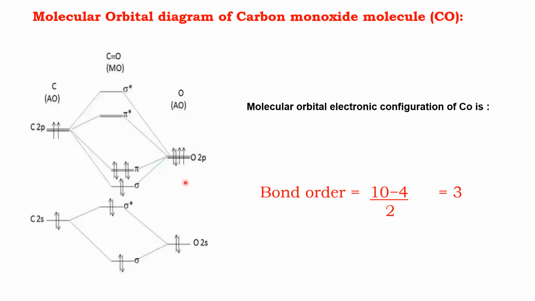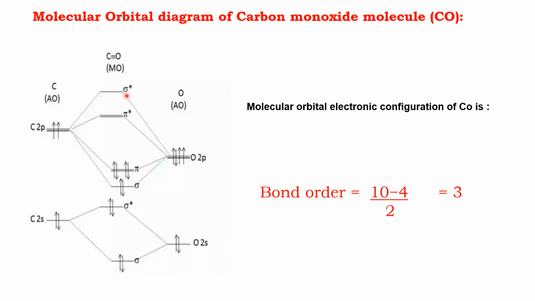Moving towards the p orbitals, oxygen has 4 electrons in the p orbital, while carbon has 2 electrons in the p orbital. So these p orbitals will combine to form sigma 2pz, pi 2px and pi 2py, pi star 2py and pi star 2px, and finally sigma star 2pz. We have a total of 14 electrons.